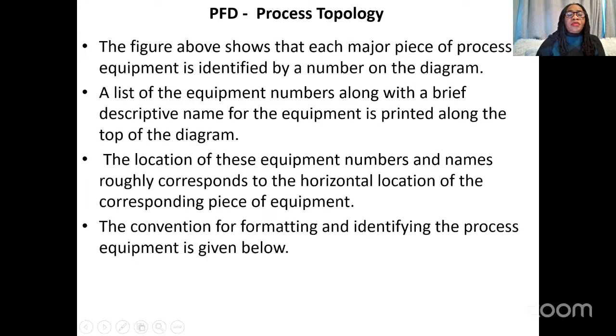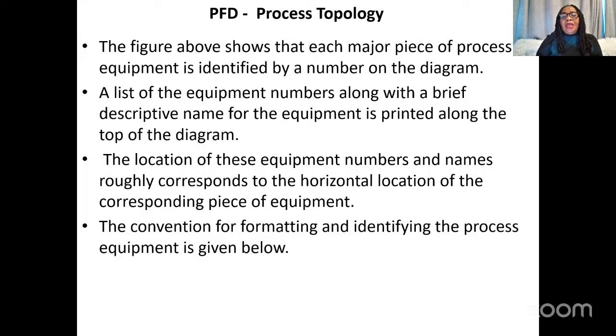And so the figure above shows the major pieces of process equipment, the figure I showed you before, which I will still go back and be referring to. It shows that each major piece of process equipment is identified by a number on the diagram.